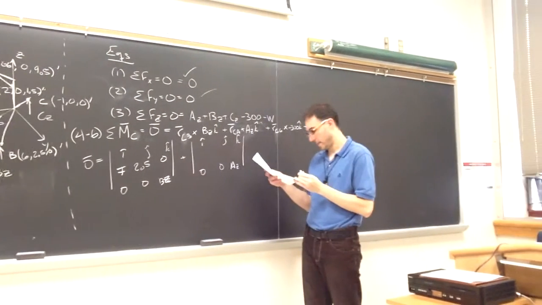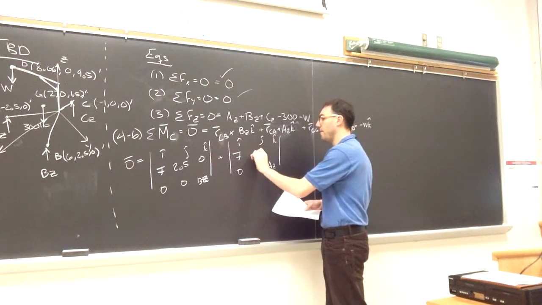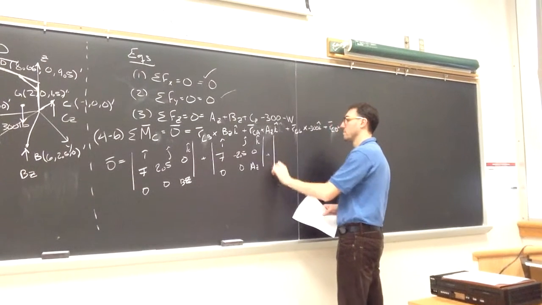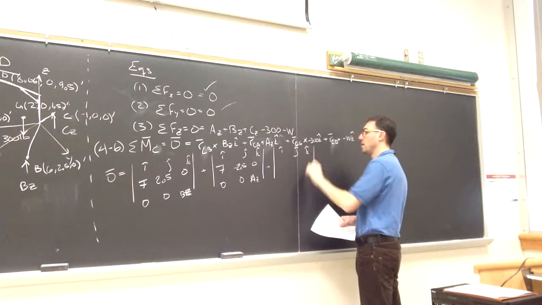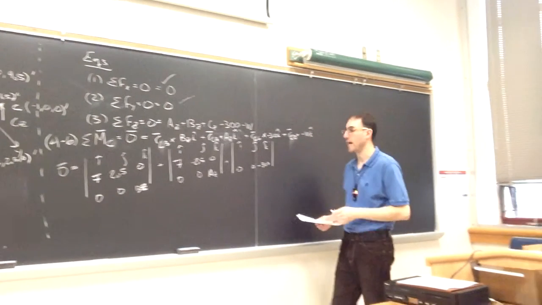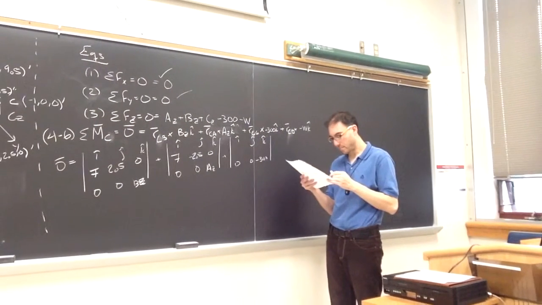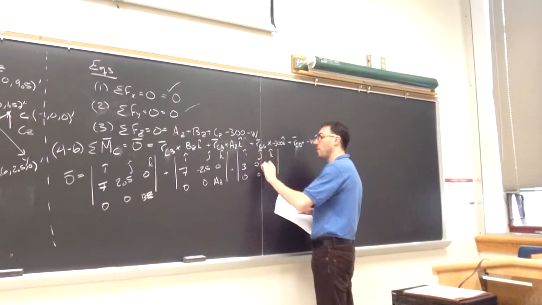RCA cross AZ, I'll have here 7, negative 2.5, 0. For the weight of the crane, the negative 300K, RCG is going to be here 3, 0, 1.5.